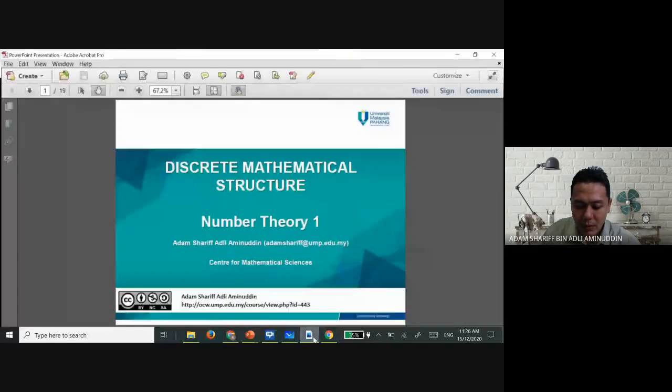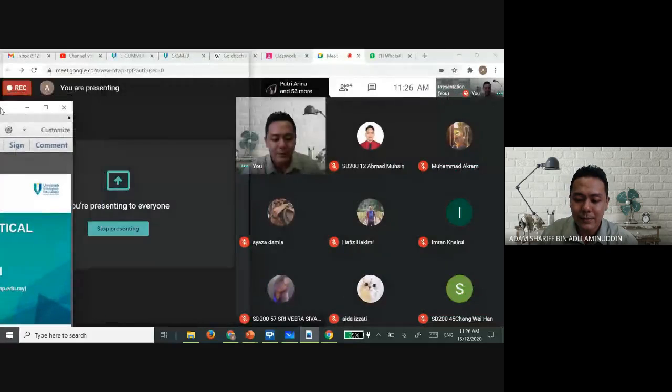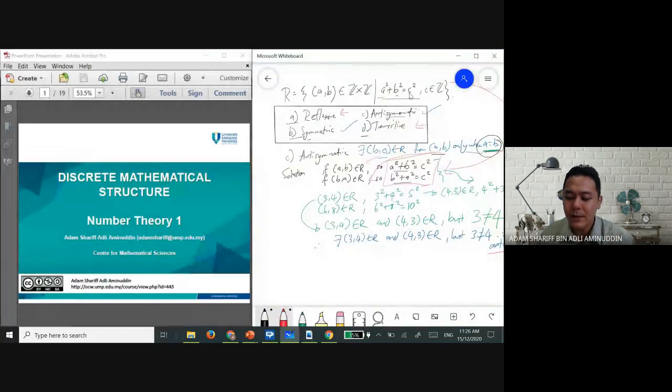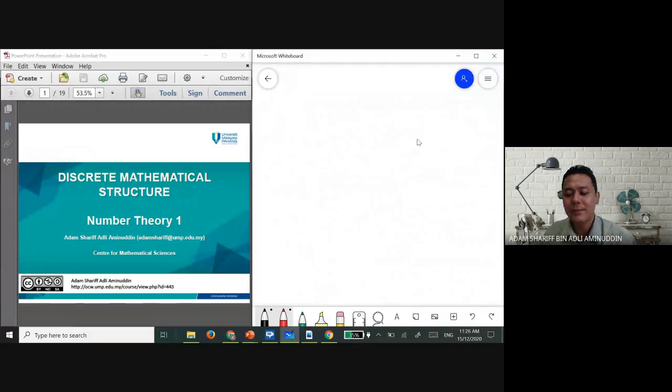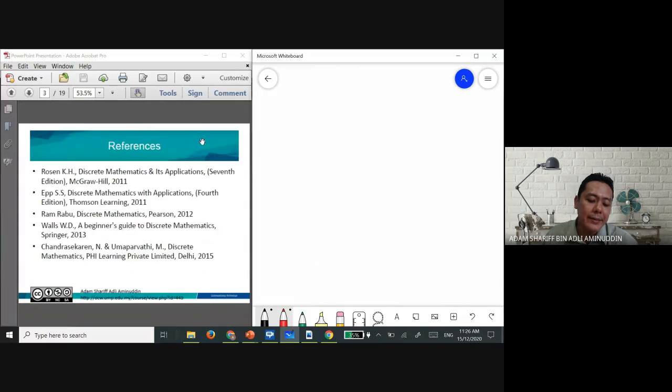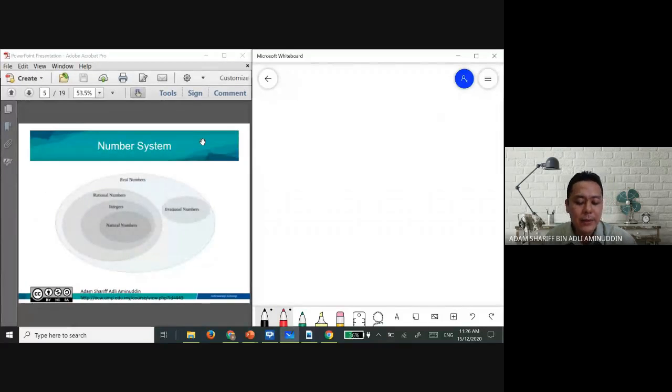Kita present now. Number theory. Alright, when we talk about number theory, we must first know a little bit of a number system.